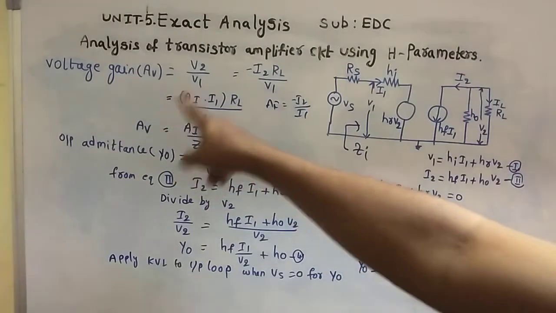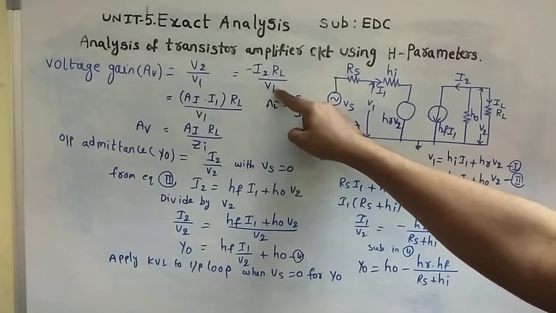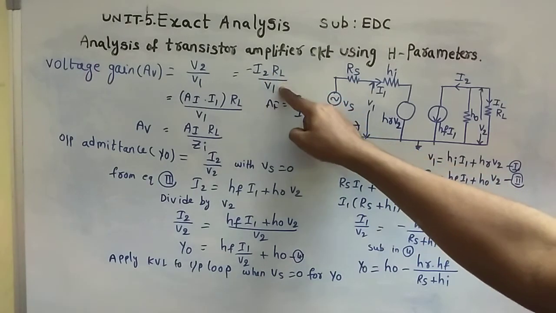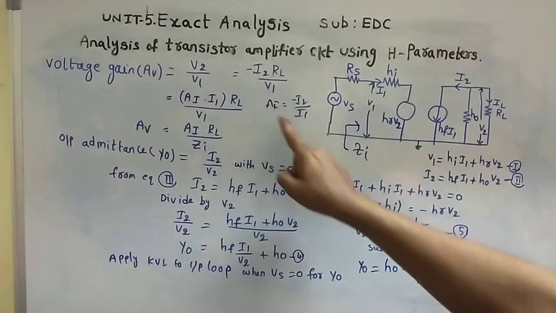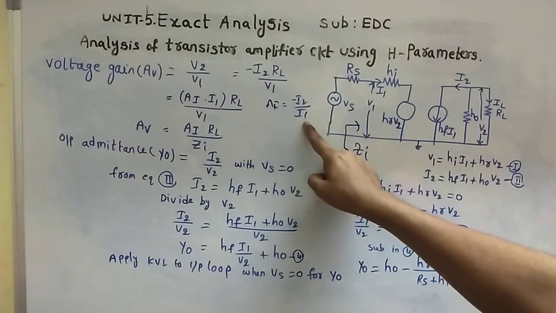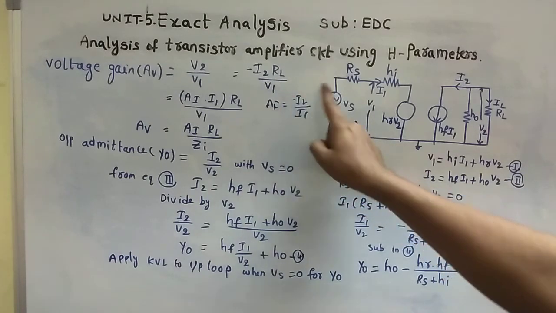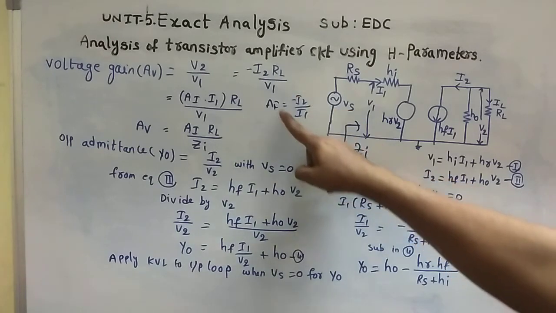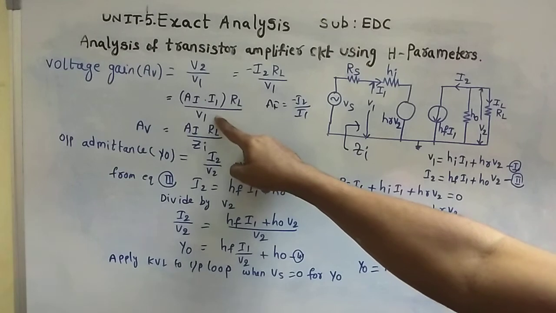Here voltage gain is equal to V2 by V1, and V2 is equal to minus I2 into RL by V1. I am substituting in place of minus I2 as AI into I1. AI is equal to minus I2 by I1, the current gain equation we already derived. So minus I2 is equal to AI into I1, giving AI into I1 into RL by V1.